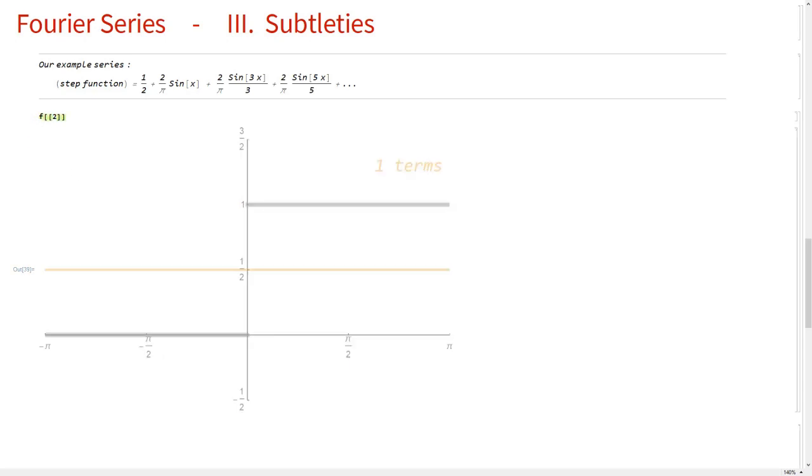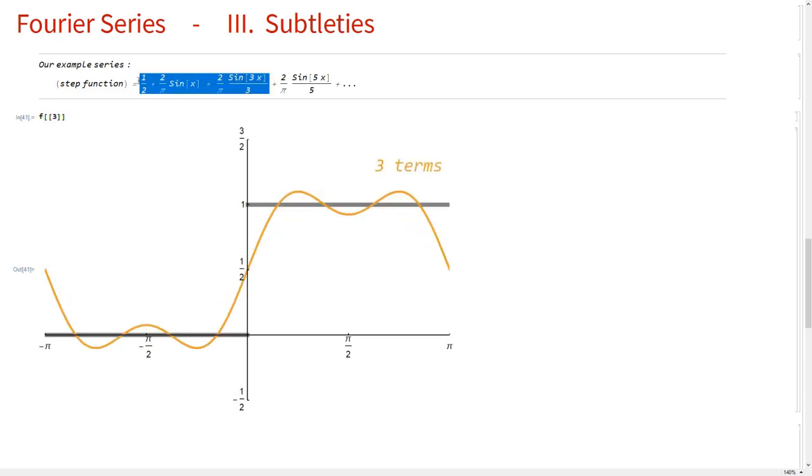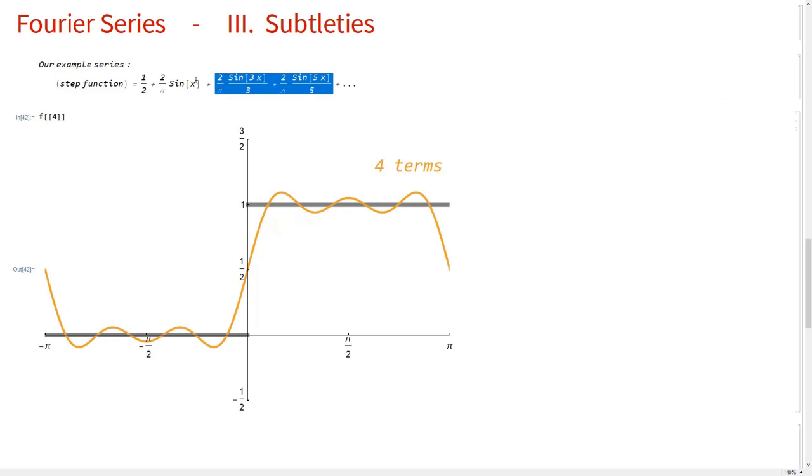But if we add another term, now we've added a sine of x term. Now it's starting to look a little better. And if we add three terms, you can see it's looking a little closer to the step function. If we include all four of the displayed terms, it looks like that.